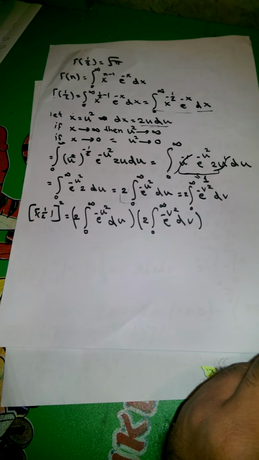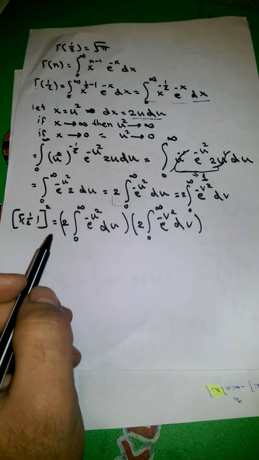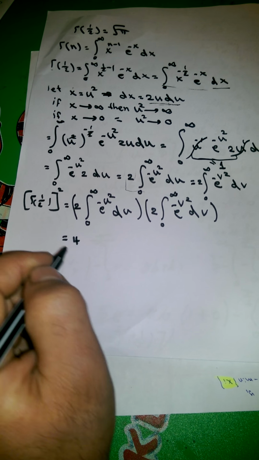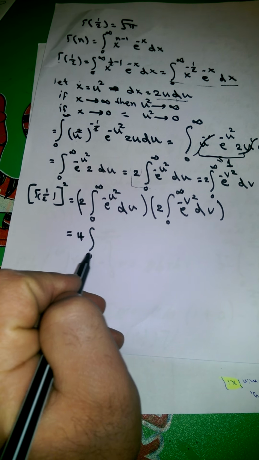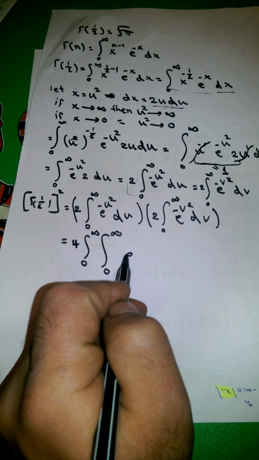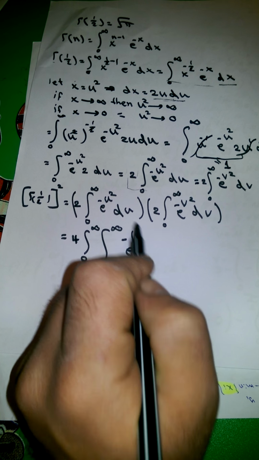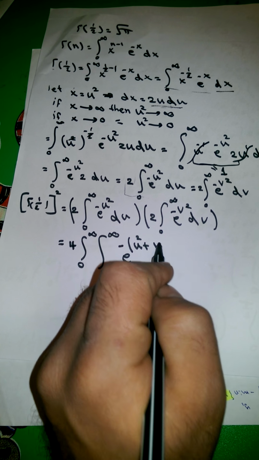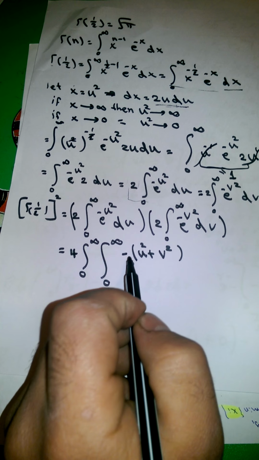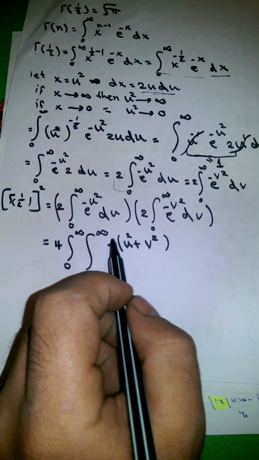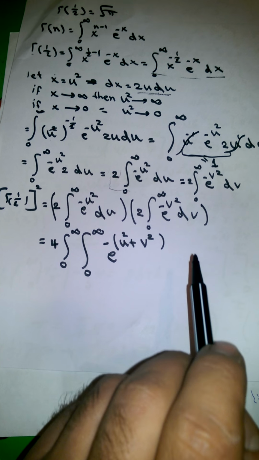And it's equal to the double integral from 0 to infinity, 0 to infinity e to the power minus u square plus v square. This minus is the common factor between minus u square and minus v square.